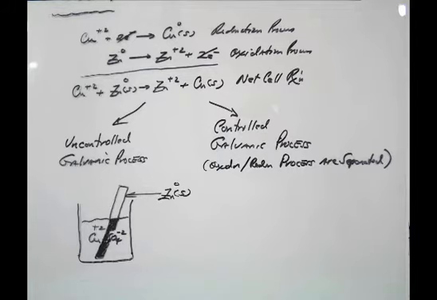So the essence of this is that you have an uncontrolled process, and the electron charge flow for oxidation reduction is not sustained for very long periods of time. It's a result of the bar getting coated by the copper and forming a barrier between the zinc trying to undergo oxidation and the copper undergoing reduction.